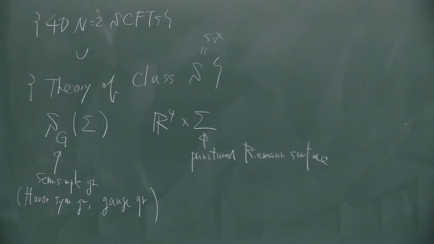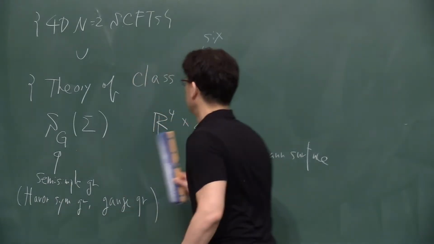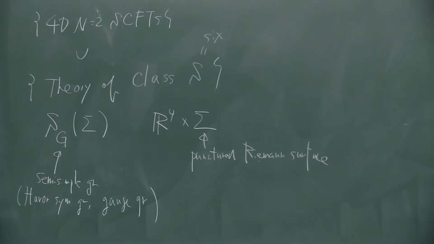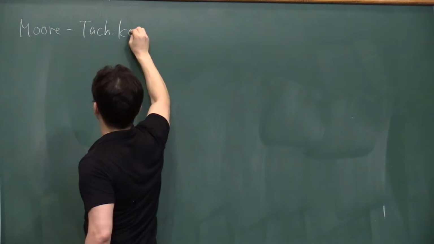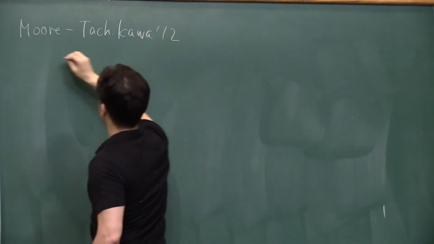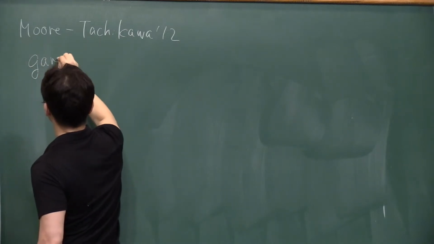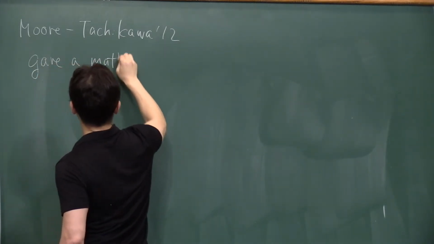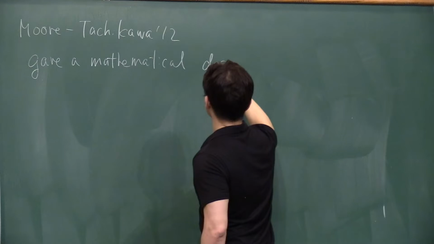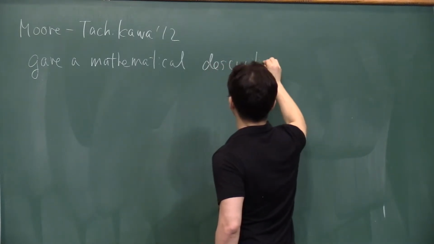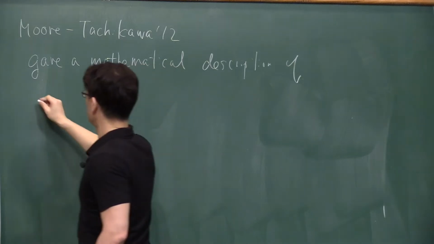And for this class of theories, Moore and Tachikawa gave a mathematical definition or description of Higgs branches.